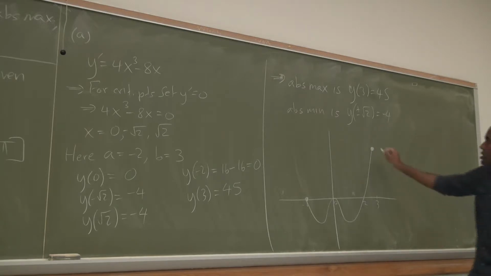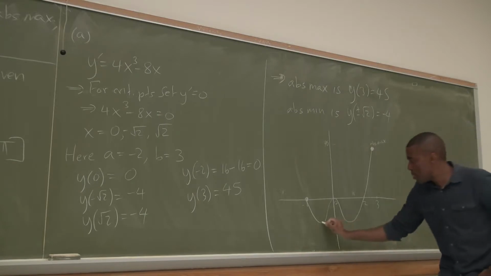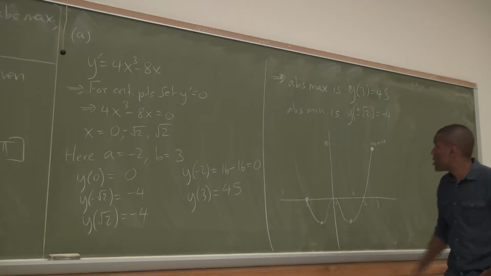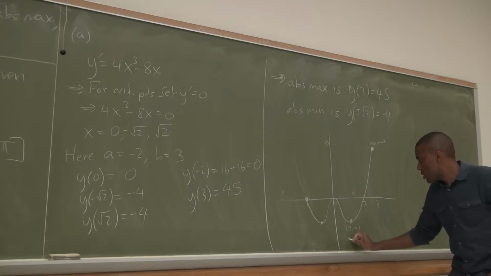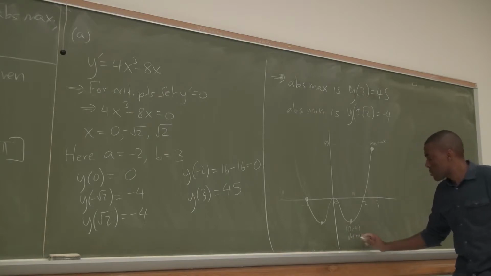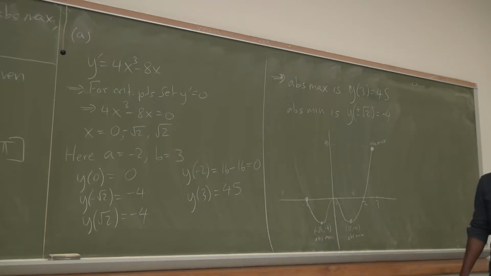So on this interval, this is telling you that the absolute max happened here when you were at 45. This is your absolute max. Your absolute min happened here, the lowest values, which we know is at radical 2 comma minus 4. This is at minus radical 2 comma minus 4, which was an absolute min.